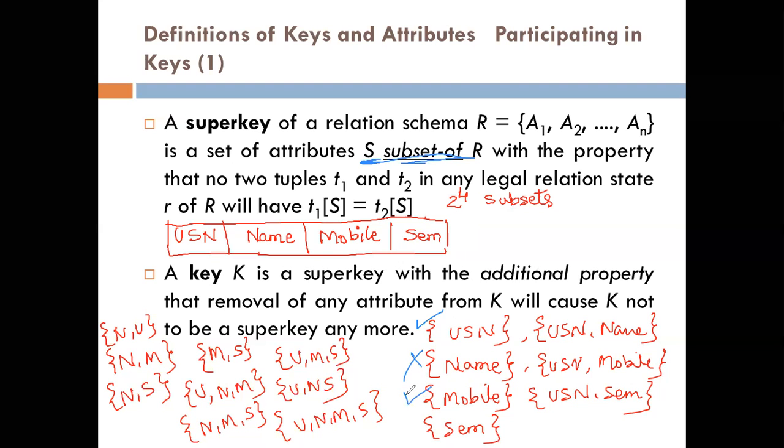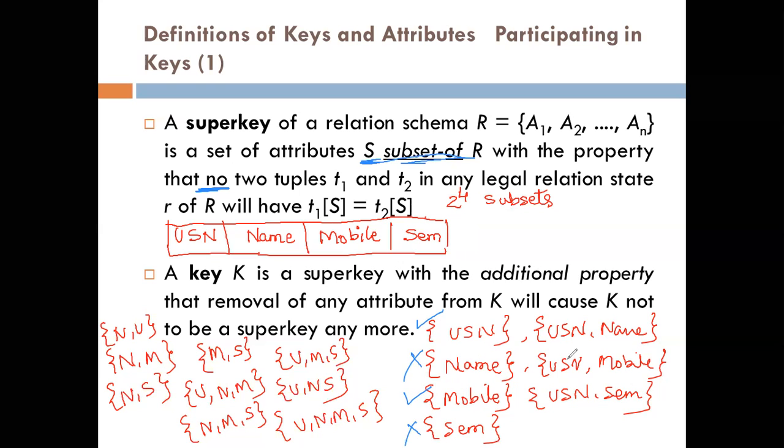Then moving on, can two students be of the same semester? Yes. If the answer is yes, then it cannot be a super key, because in any legal state that should not happen. Two students cannot have the same USN, so it can become a super key. Two students cannot have the same mobile number, so it can become a super key.